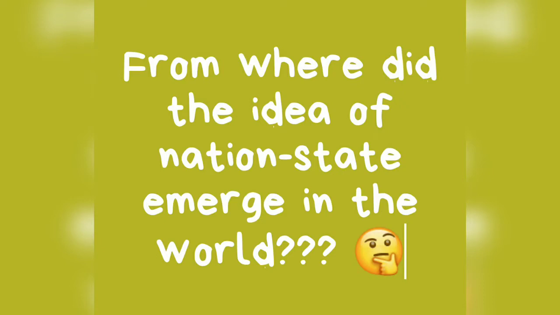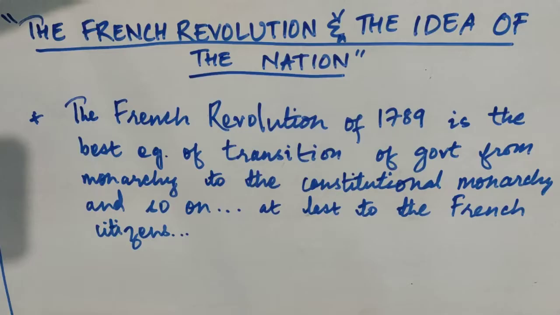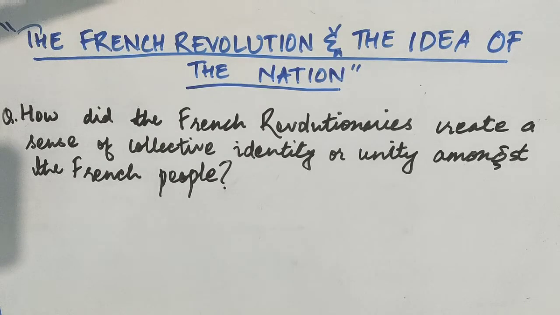This leads us to one question: from where did the idea of the nation state emerge in the world? The idea was mainly given by the French Revolution of 1789, which brought a drastic change in France and later in Europe. How did the French revolutionaries create a sense of collective identity or unity amongst the French people?